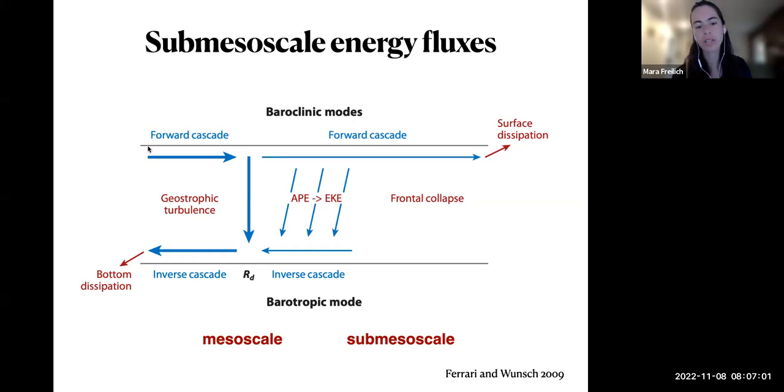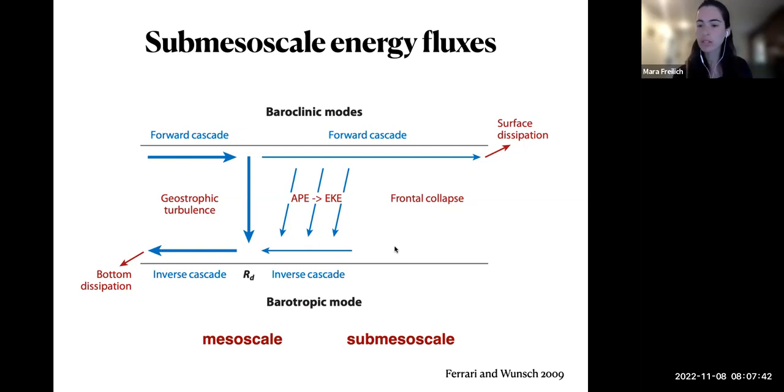If we think about this in a very schematic way, there's a geostrophic forward cascade of energy to smaller scales that is broken, kind of at the deformation radius, which is thinking about the role of mesoscale dynamics, where you can have a forward cascade of mesoscale dynamics then participating in an inverse cascade of this sort of geostrophic turbulence. But there is some energy that continues into a forward cascade and is eventually dissipated, and there frontal dynamics play a key role. And this is really the submesoscale part of it.